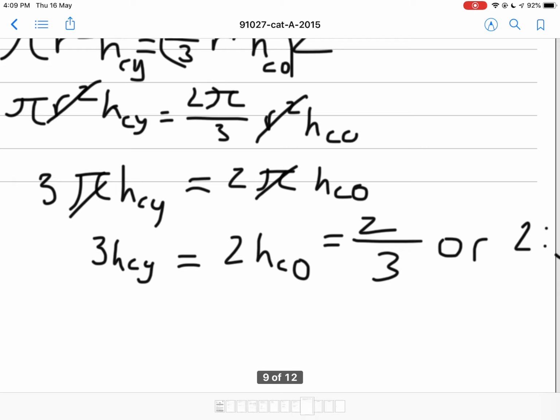The reason is 2/3 is because only 2 heights of the cone are needed to balance out 3 heights of the cylinder. So therefore, the ratio is 2 to 3.